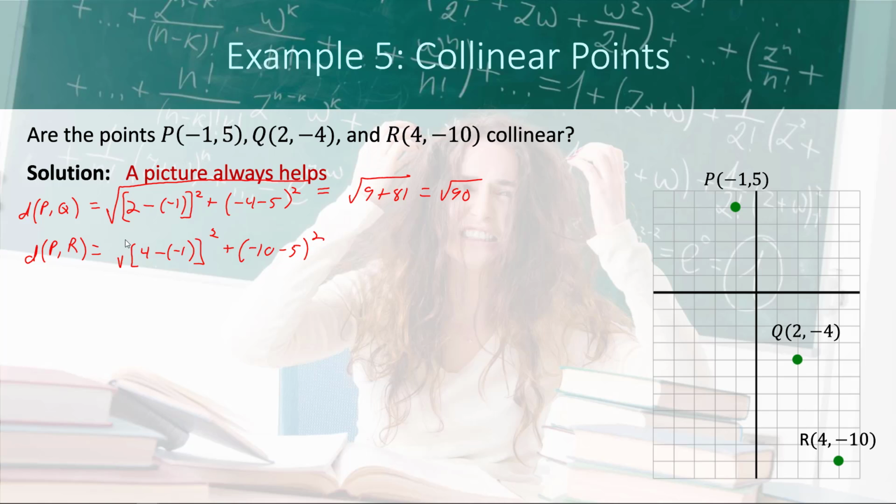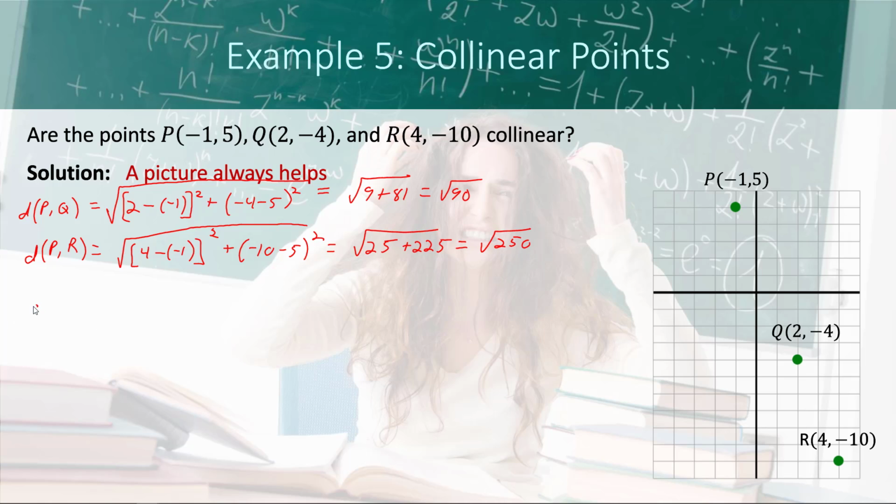And we're going to take the square root of that. Well, 4 minus -1 is 5. 5 squared is 25. Okay, -10 minus 5 is -15. Squared is 225. And that is the square root of 250.